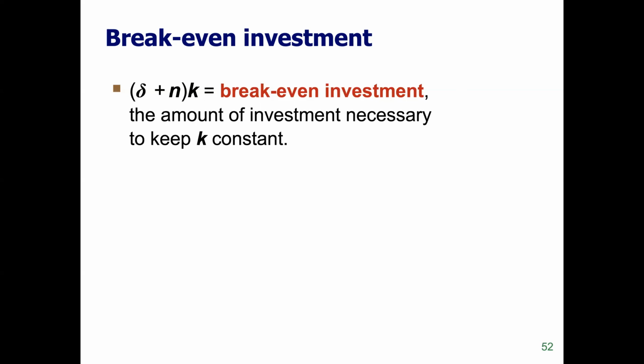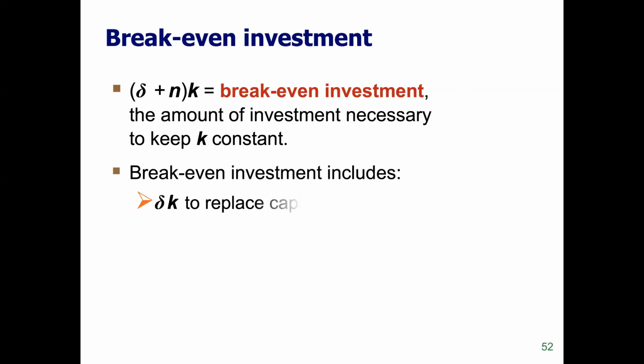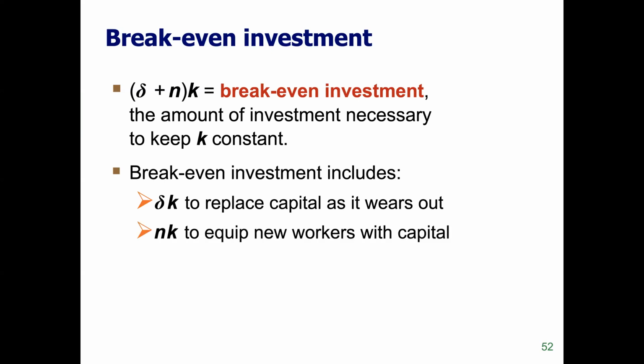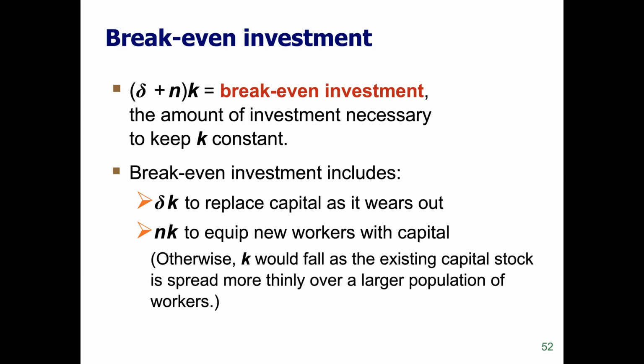And whatever population growth is, and growth per worker, which we're assuming is the same thing, if that's 2%, you're going to need to have 2% of the amount of capital as extra new investment just to keep up with population growth above and beyond depreciation. So break-even investment includes delta K to replace capital as it wears out, and nK to equip new workers with capital.